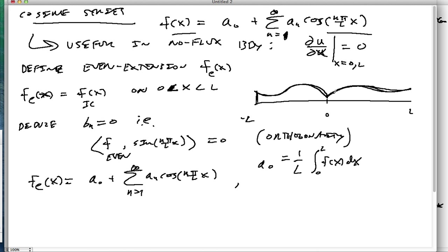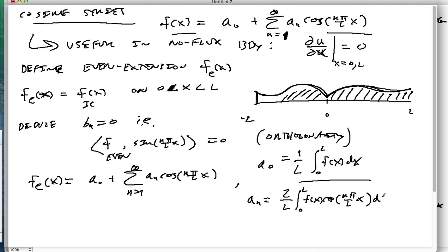That's because if I find the area under the curve for this half, the other half is identical, so I don't need two copies. I can just multiply by 2, and I get this simple result. And an will simply be, again, 2 times, because we get 2 copies, over L, the integral from 0 to L only of f of x cosine n pi over L x dx.